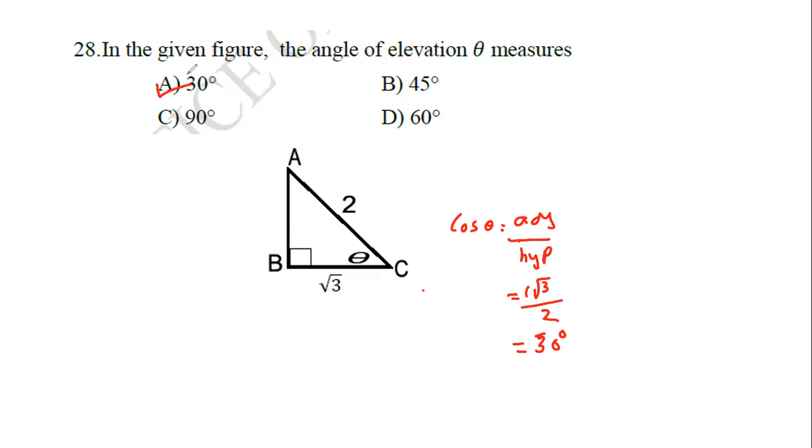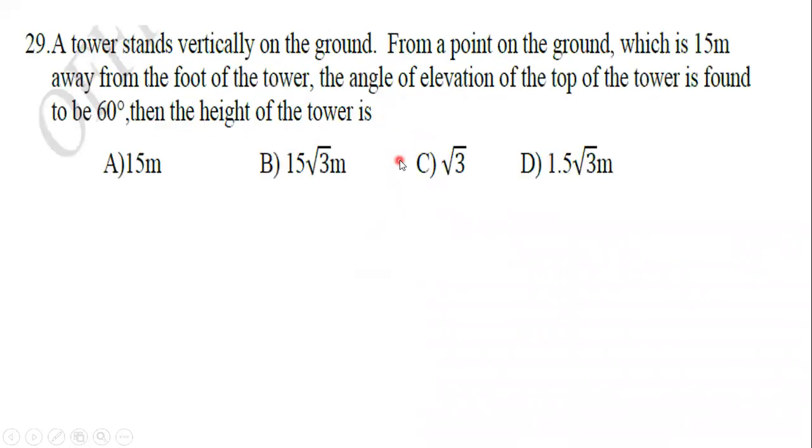Next, 29th question. A tower stands vertically on the ground. From a point on the ground which is 15 meters away from the foot of the tower, the angle of elevation is found to be 60 degree.